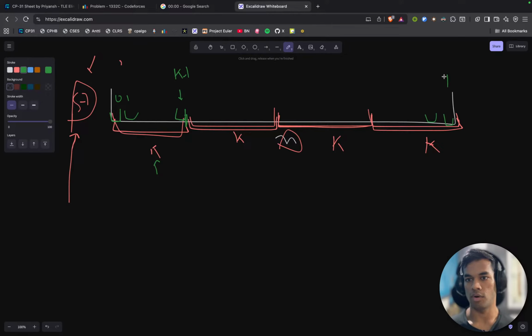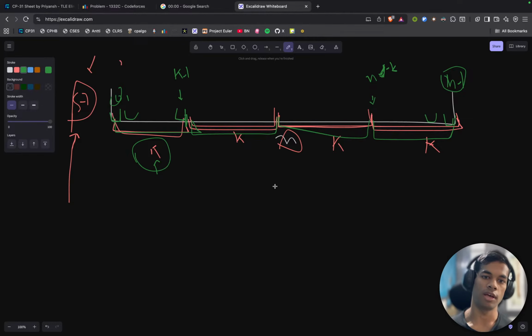And here, if this was the n minus 1 character, this character right here is going to be n minus k. And if I want the 0th character to be equal to this, it just means that every chunk of size k also has to be a palindrome. And that was nice. That was the main thing that I needed to know.